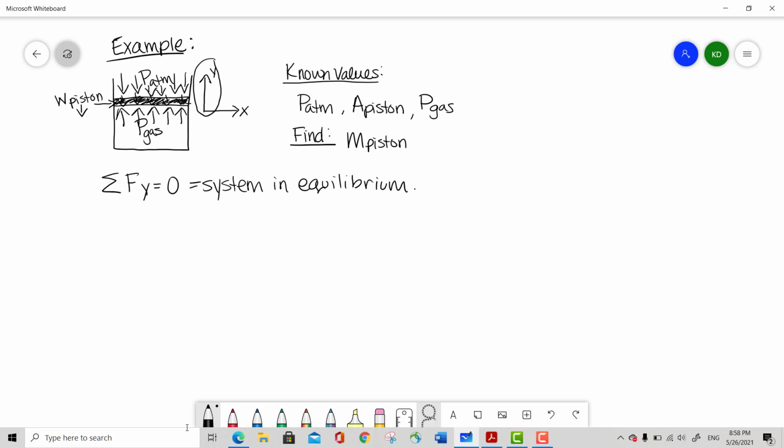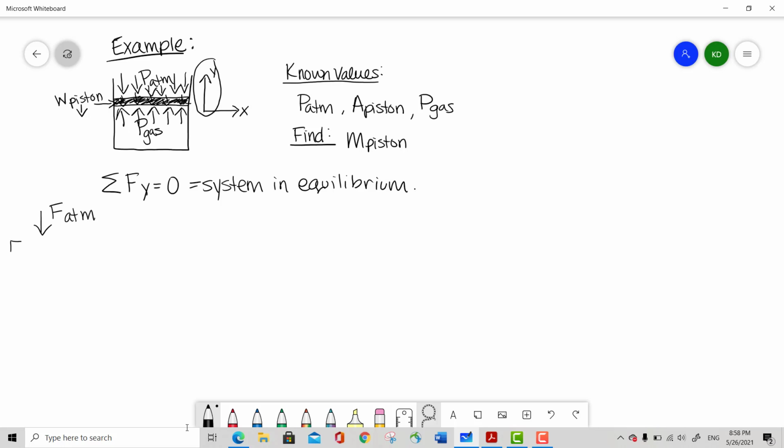So let's draw this out just to isolate our forces and see how they're going either negatively or positively. So you've got the atmospheric force, okay?